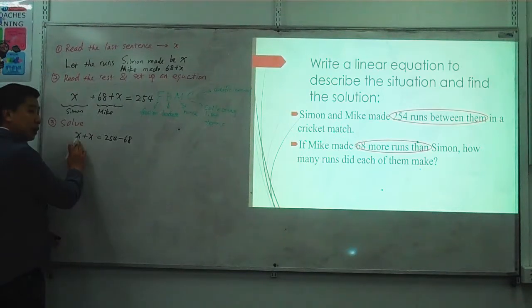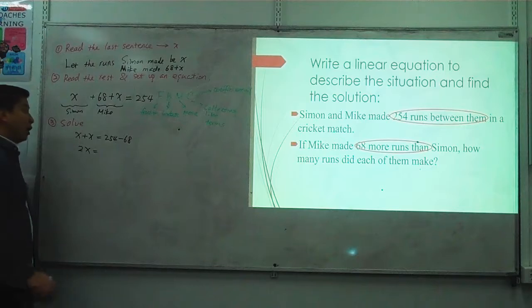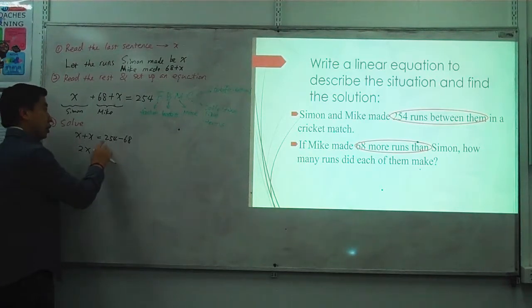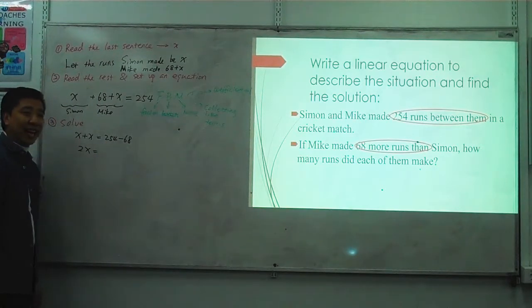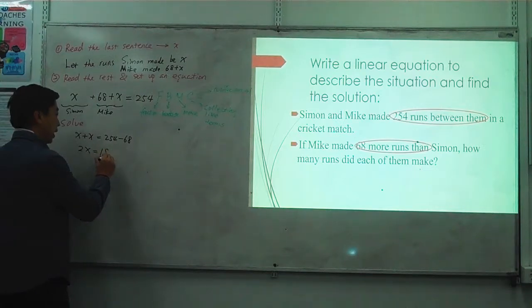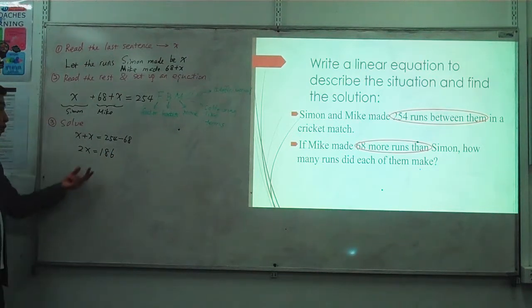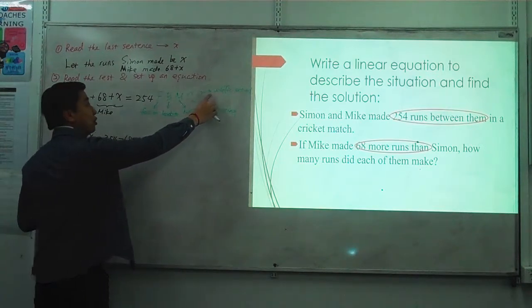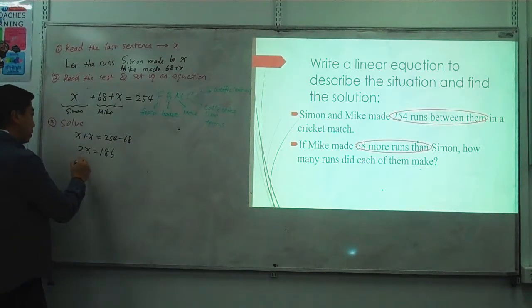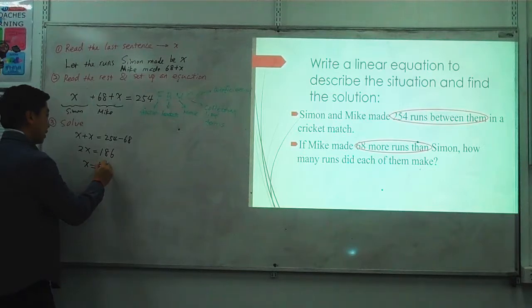So x plus x is 2x. Now we look at the right-hand side. 254 take away 68 is 186. And then the last step, we need to make the coefficient 1. So x equals 186 divided by 2. So the answer is 93.